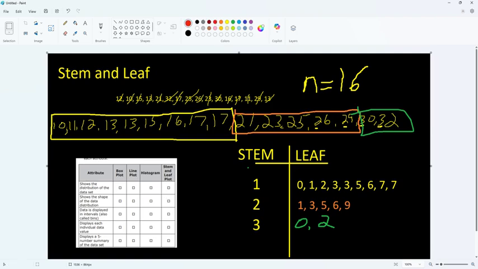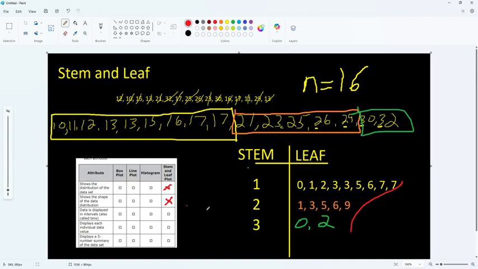So did this show the data distribution? Yeah, it did. It gave me all the numbers, and it gave me the shape. It kind of gives me a general shape of the data, and it shows me the distribution of the data set.